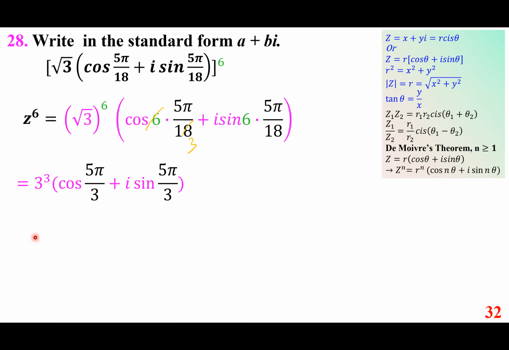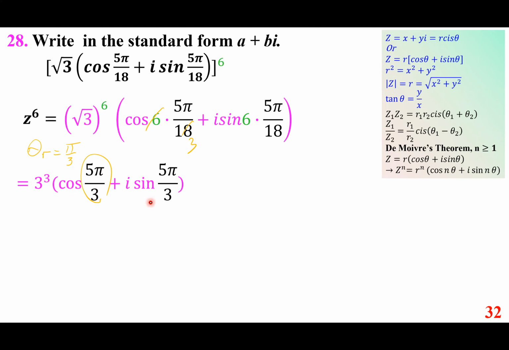Now, 5 pi over 3, the reference arc, again, I'm going to remind you by writing it. The reference arc is pi over 3, okay? Reference arc. So it's the same as cosine of pi over 3, which is 1/2, because in the fourth quadrant, cosine is positive.